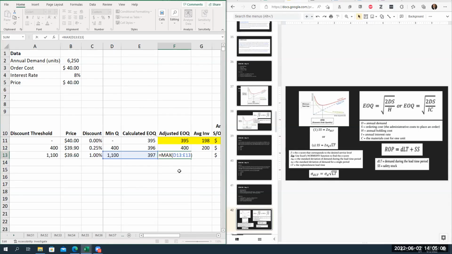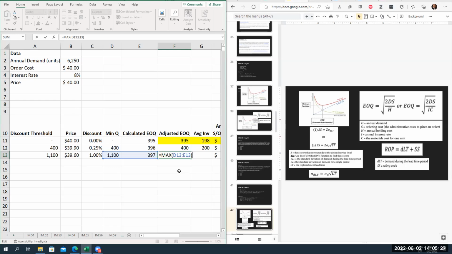Does that make sense? Because this EOQ is at 396, we would not get the discount. We have to order the minimum here. That's why we're saying it's adjusted, so that we can earn that discount. Does that make sense?